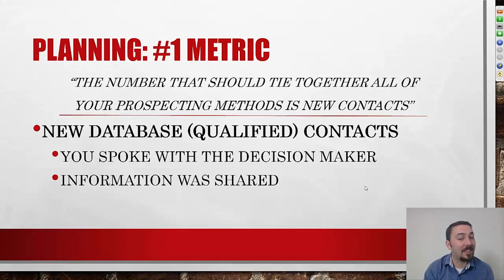And even though I might think a business owner was really interested, did they share any information with me? Did they give me a credit card processing statement? Did they tell me who they're processing with? Did they tell me what their pricing is? Have they shared the information with me that I need in order to move forward to the next step in the sales process? When someone is nervous about sharing information with you, they don't trust you.